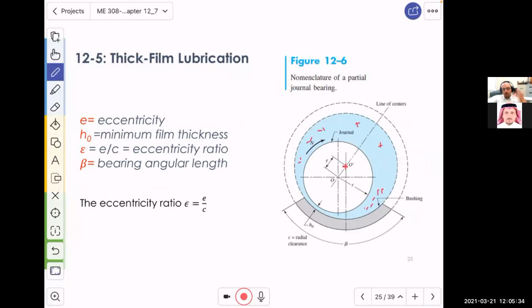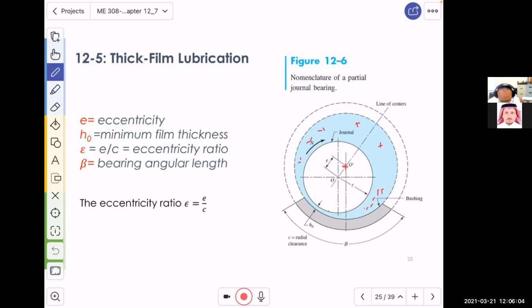When the journal starts to rotate, you will see later one of the interesting assumptions made to formulate the equation that governs the behavior of the fluid, which is the lubricant, at that little tiny strip: the friction between the journal and the fluid.